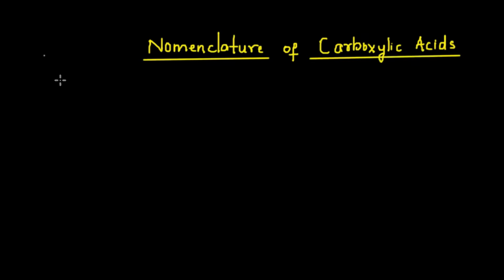So carboxylic acids are amongst the earliest organic compounds to be isolated from nature. Hence, a large number of them are known by their common names.